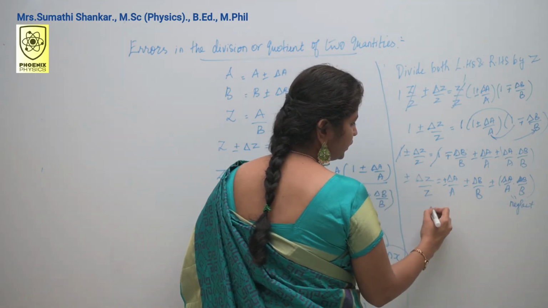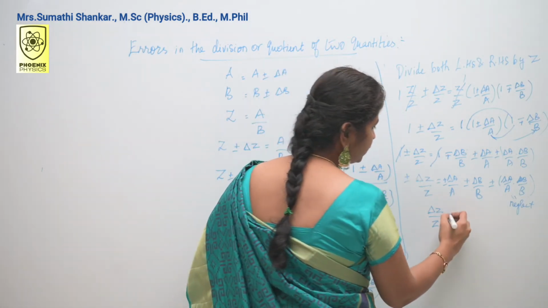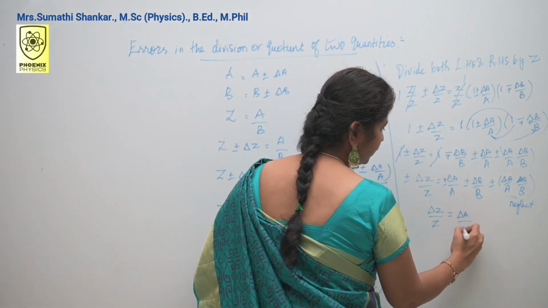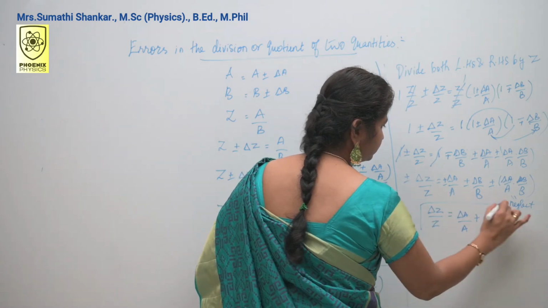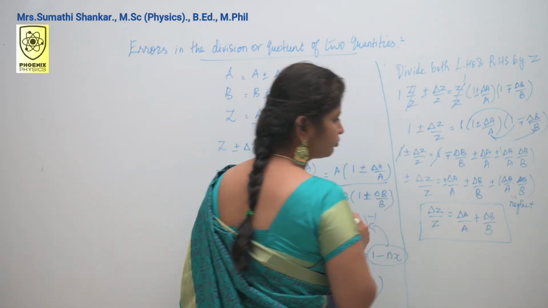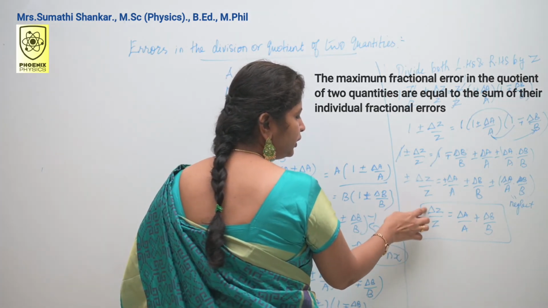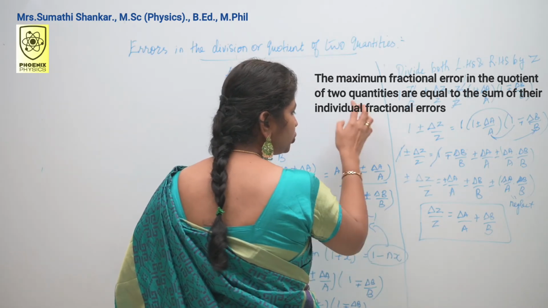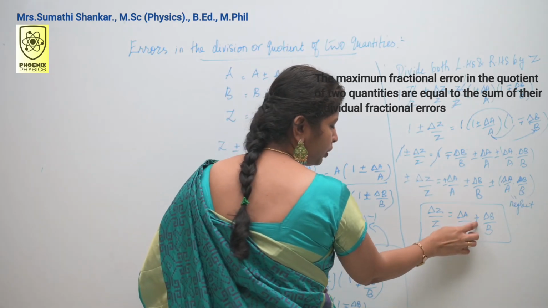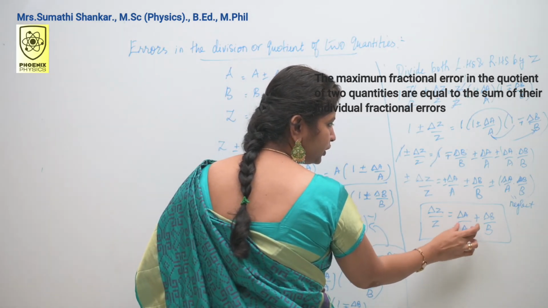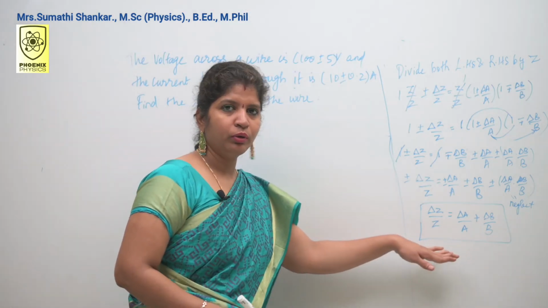Final one is delta Z by Z is equal to, considering maximum possible error, delta A by A plus delta B by B. This is our final answer. The maximum fractional error in the quotient of two quantities is equal to the sum of fractional errors in the individual quantities. Based on this formula, one example problem is given.